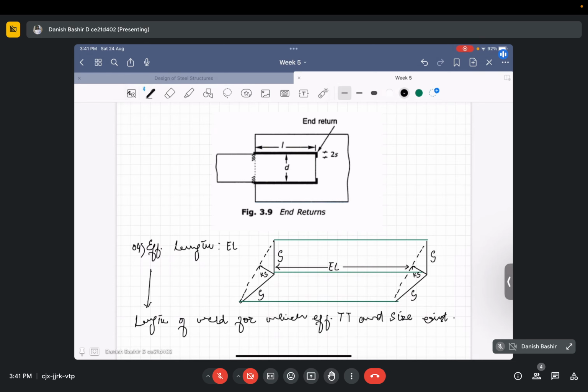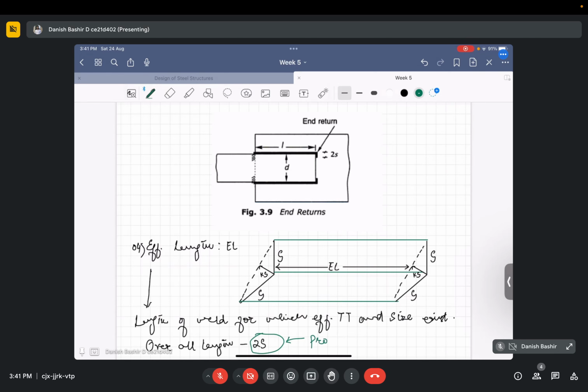It is equal to overall length of weld minus twice the size of the weld.